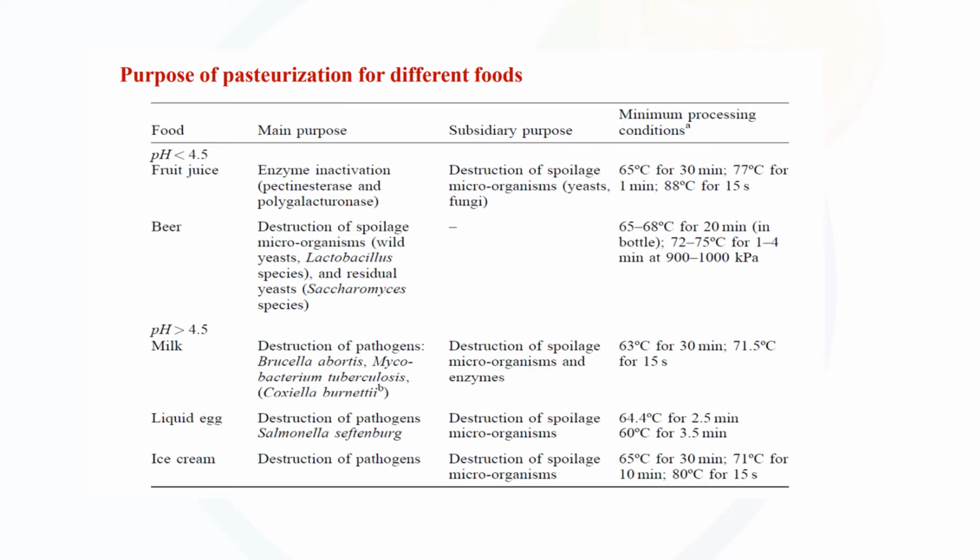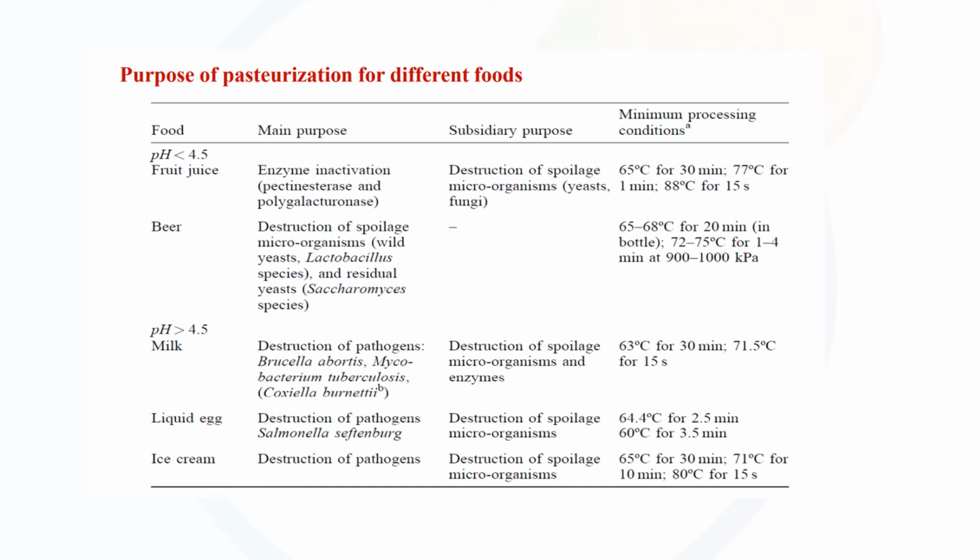In liquid eggs, the main purpose is destruction of pathogens like salmonella, and the subsidiary purpose is destruction of spoilage microorganisms. The minimum processing condition applied on liquid eggs is 64.4 degrees Celsius for 2.5 minutes.